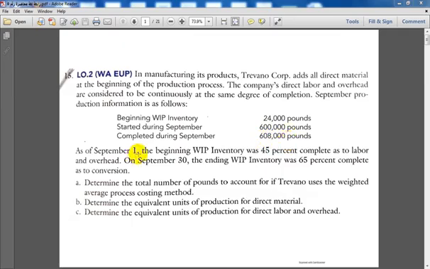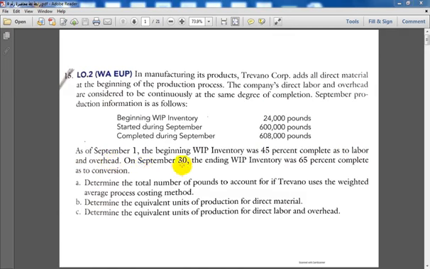As of September 1st, the beginning work in process inventory was 45% complete as to labor and overhead. So we can add labor plus overhead, or combine labor and overhead, to get conversion cost.